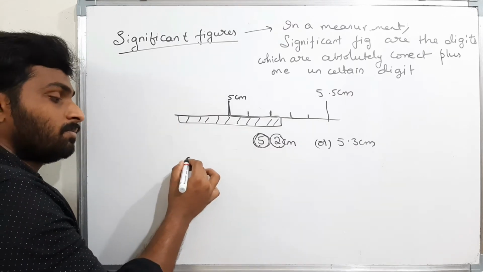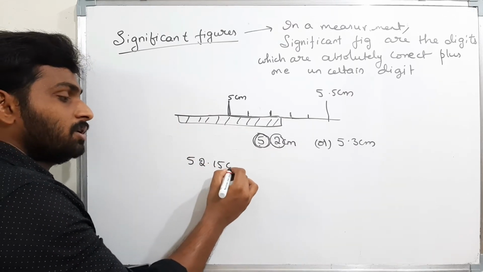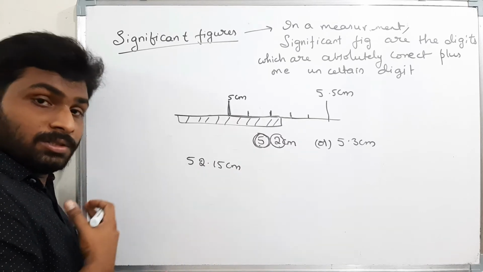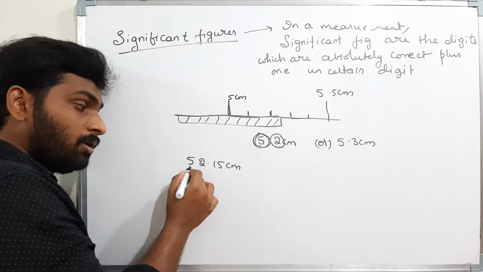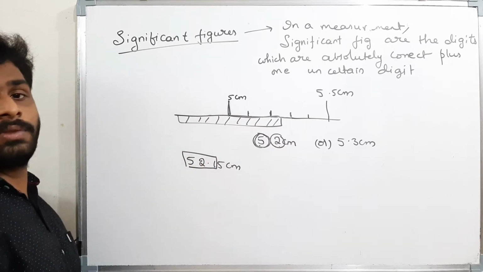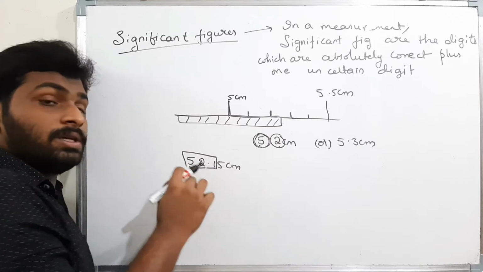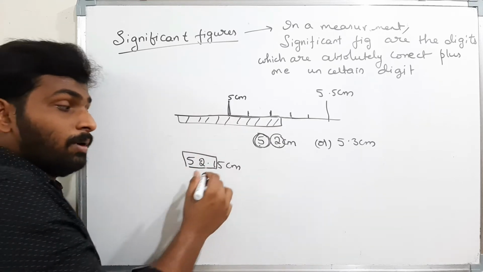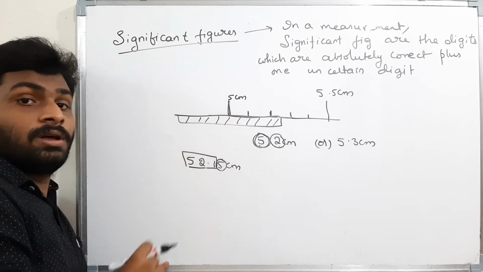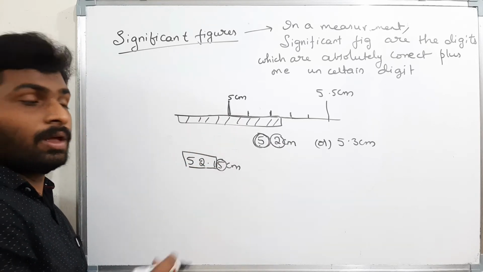Now we will see this: 52.15 centimeters. In this 52.15 centimeters, I will say that 52.1 is an absolutely correct value. But the last 5 may be 5 or it may be 6 or it may be 4. I don't know.